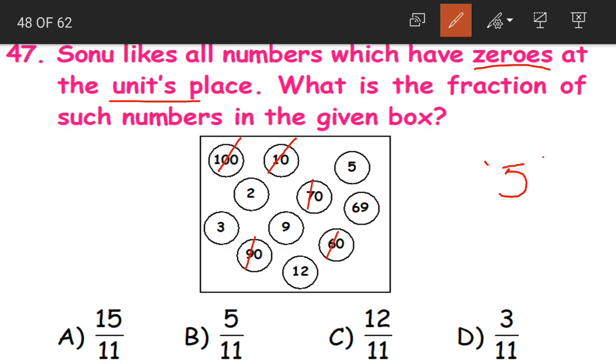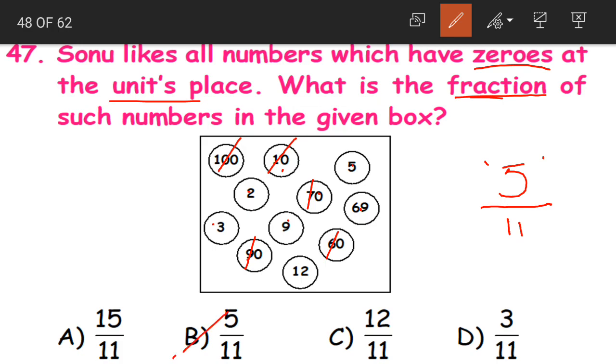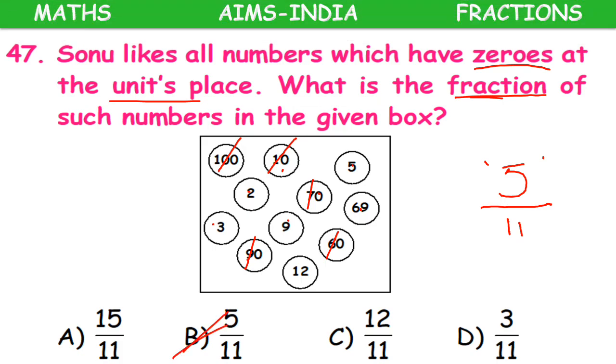So 5 numbers are having 0 in the units place, children. And what we want is the fraction, right? So 5 divided by, what are the total number of numbers? 1, 2, 3, 4, 5, 6, 7, 8, 9, 10, 11. 11 becomes our denominator. So option B, 5 by 11 becomes our correct answer.